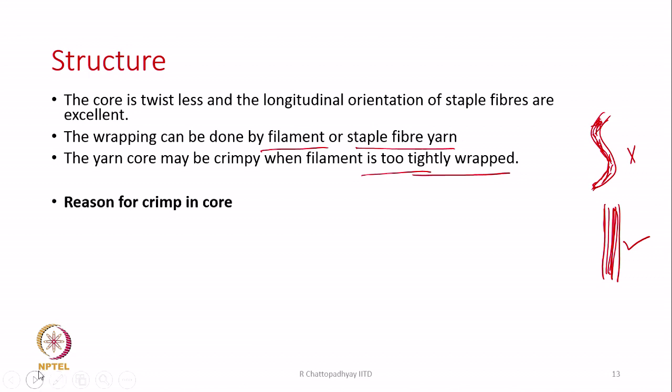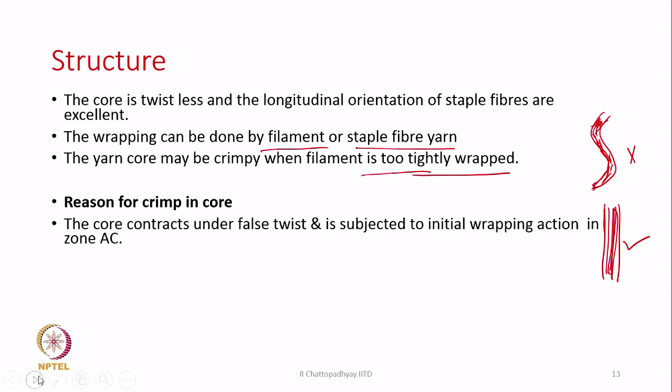And why does it become crimpy or wavy? The reasons are: the core contracts under false twist and is subjected to initial wrapping action in zone AB, not in zone AC.